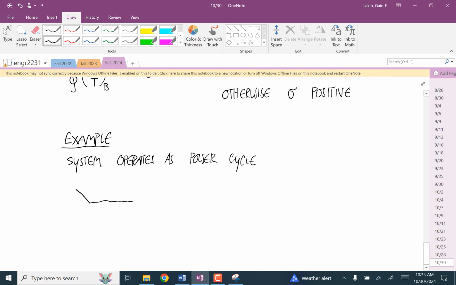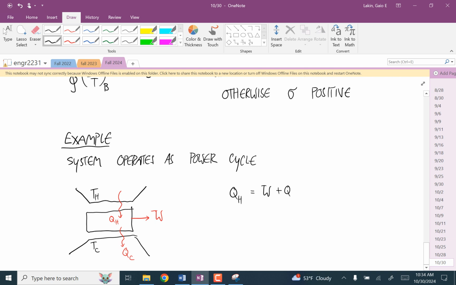We have our TH, our system, and our TC. And as always for these, it's a cycle, so we know QH is equal to W plus QC.